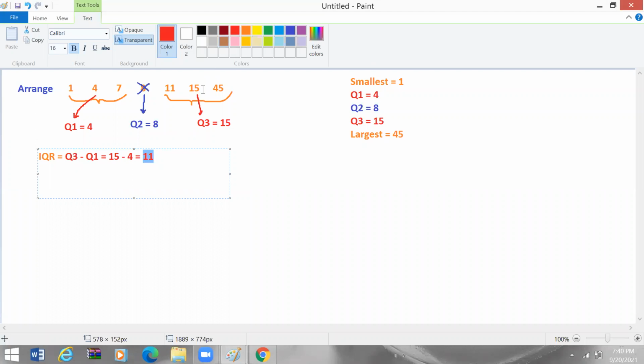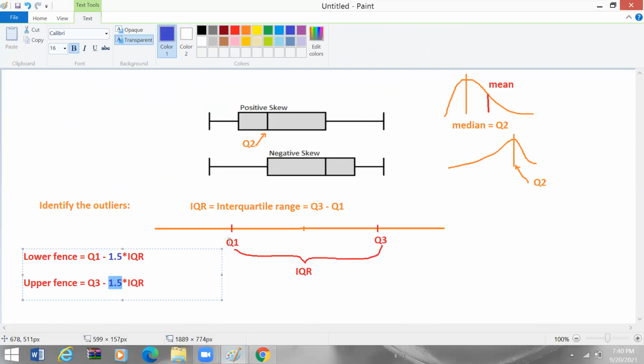Now we're going to set up the fence. The fence is going to help us determine the outliers. So how can we set up the fence?